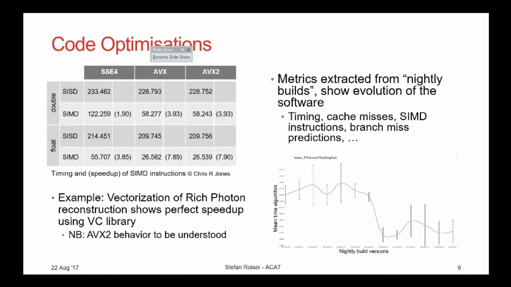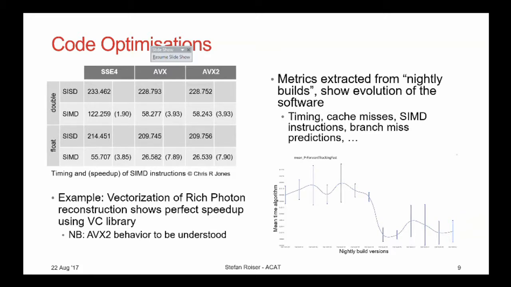For doubles, you see a factor 2, factor 4, and of course, if you go to float, you add another factor 2. Now, what we don't see, if you look carefully, is that if you go to AVX, you would expect another factor 2. We're not seeing this, so this is something we need to understand.